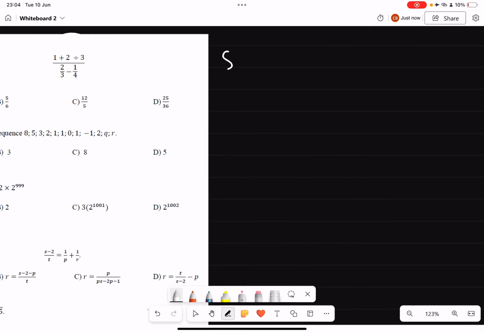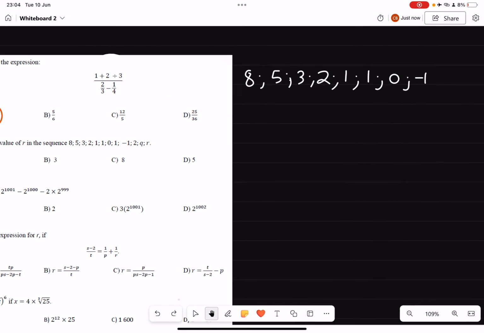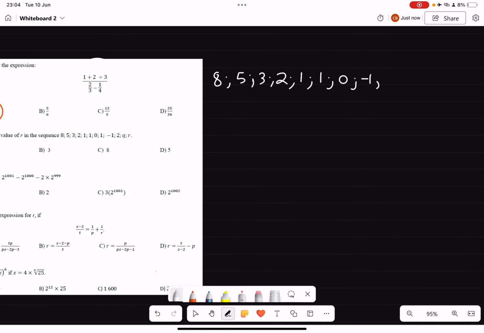So we have 8, 5, 3, 2, 1, 1, and then you have 0, you have -1, and then we're going to have, let's see, 2, gonna have Q, then R, and we are asked to find the value of R.